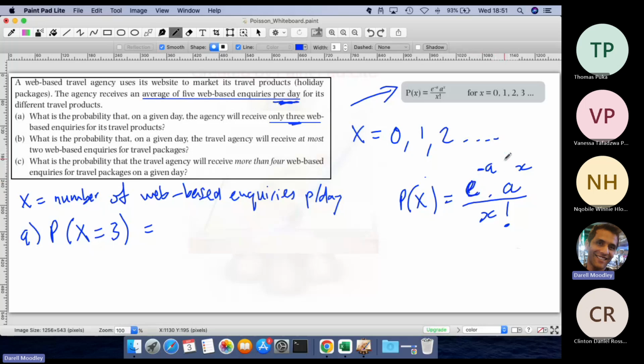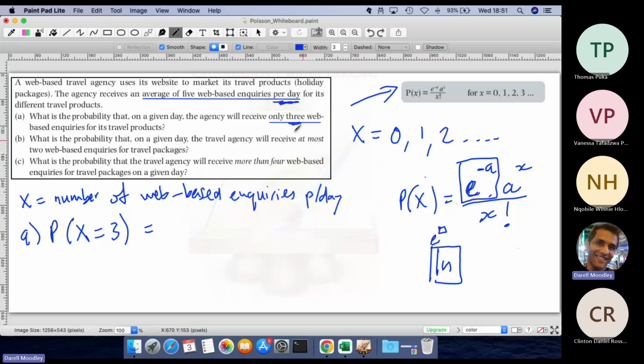This symbol e is not a variable. It's actually a value in your calculator. If you look for the LN button, above it you'll see it has an e to the, with a block. So that's what this is.